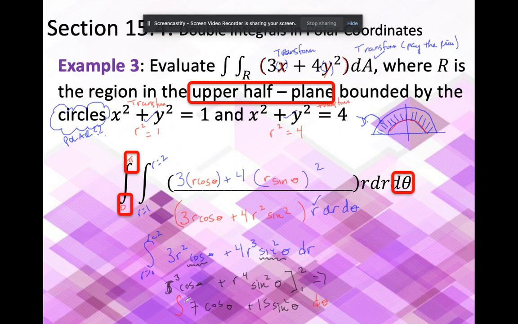The double integral, right? But now I'm going to integrate d theta from 0 to pi over 2. I'm sorry, 0 to pi. And once again, look what you have to do here. You're going to have to replace that with 1/2 times the quantity 1 minus cosine 2 theta. So you're going to end up with a 15 over 2, aren't you?